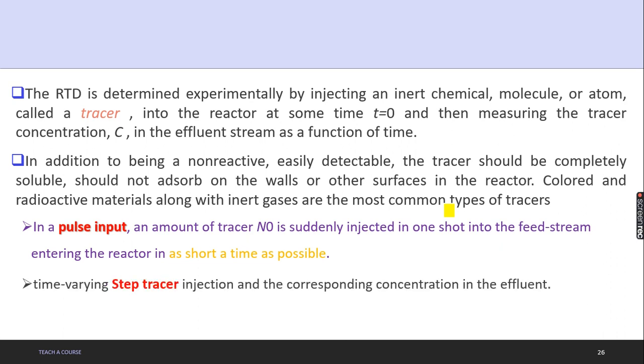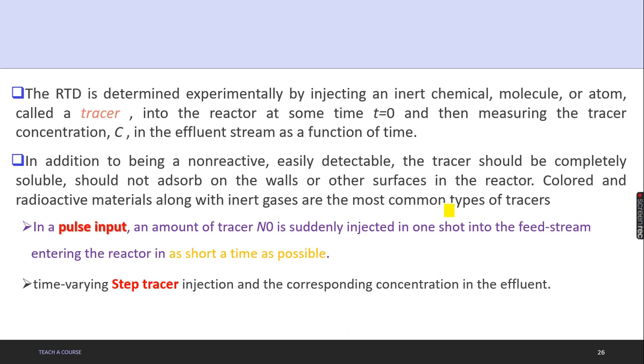And the other variety is known as step tracer, where we are injecting for a little bit longer period of time and we are measuring the exit concentration also, but what we add at the inlet we add at a constant rate. So the same amount per unit time, the same concentration we are always giving at the inlet, and we measure the outlet concentration.